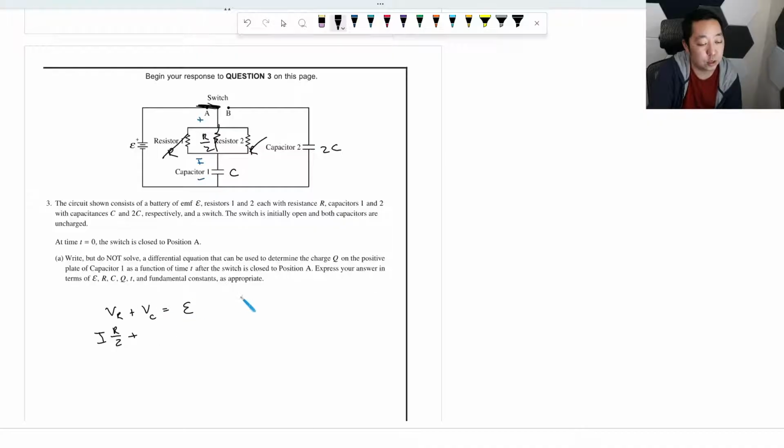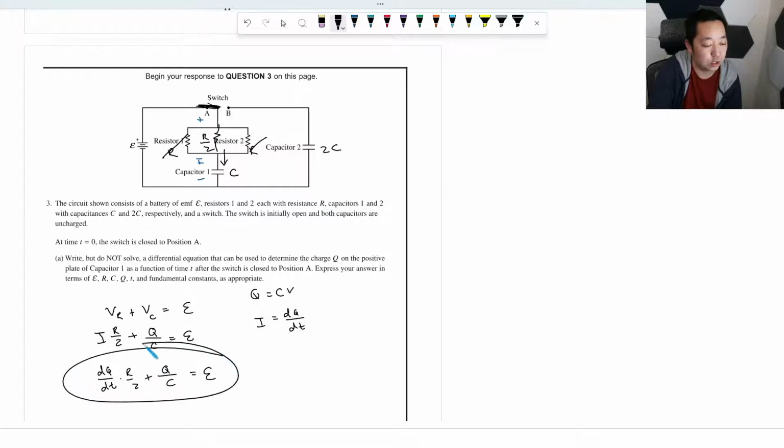And then for the voltage across the capacitor, we know Q is equal to CV, so that is Q over C. Now, here's the thing. The I, the charge that's going into this positive side, I is going to be equal to the rate of change of the charge. So dQ/dt times R over 2 plus Q over C is equal to epsilon. That's a differential equation that involves functions of Q. R and C and epsilon are constants.